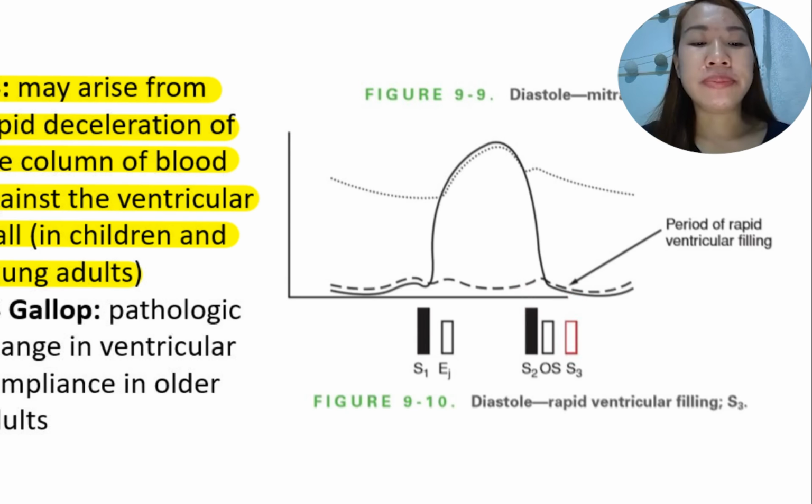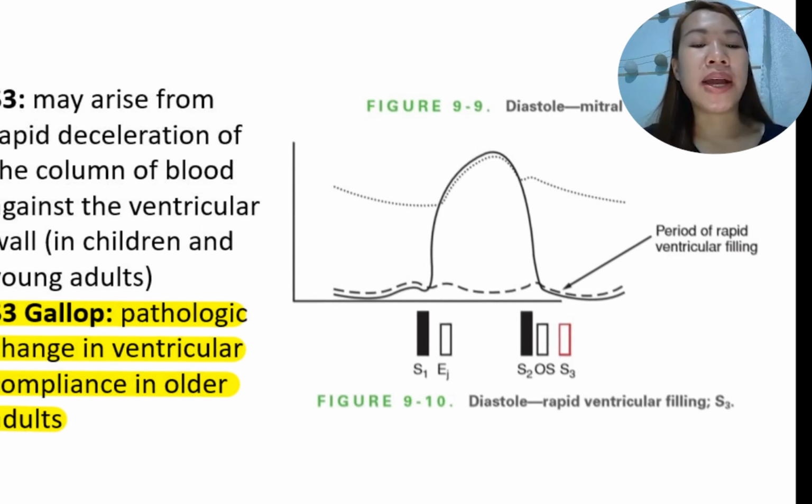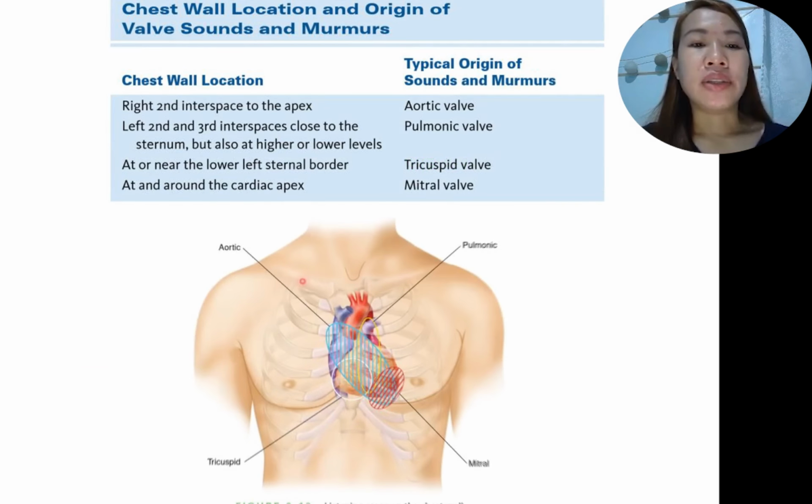Another pathologic heart sound is what we call the S3 gallop, a pathologic change in ventricular compliance in older adults. So those are the different heart sounds.